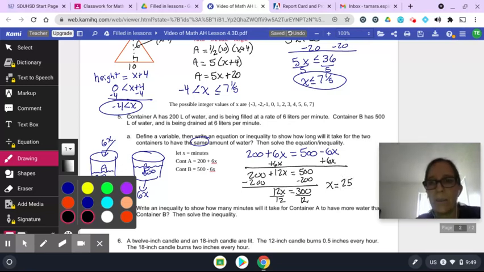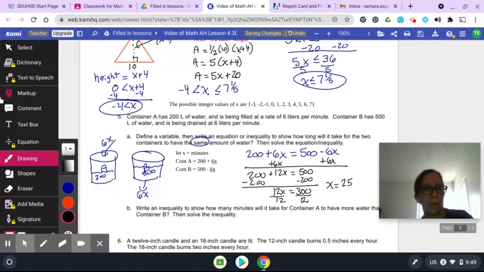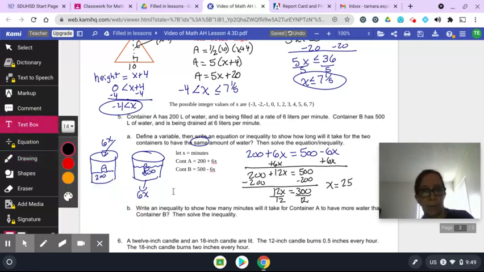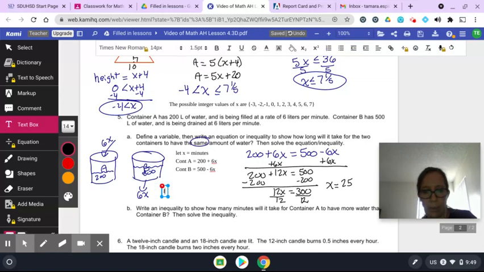So in 25 minutes, they will have the same amount of water.